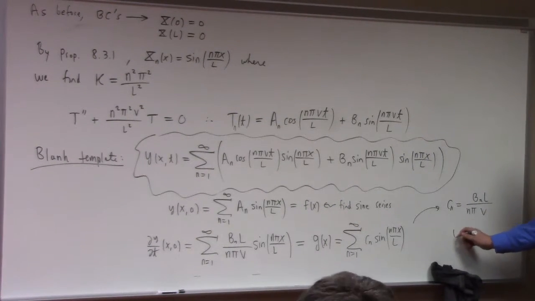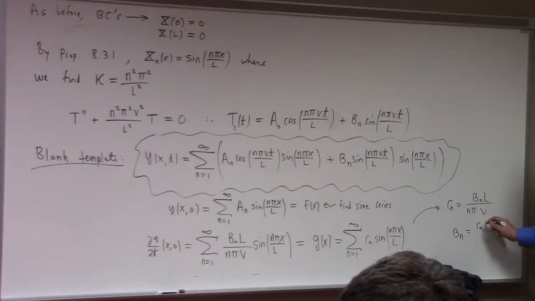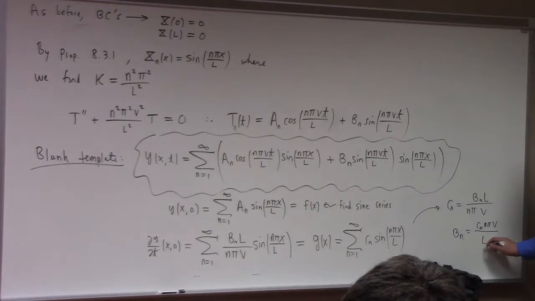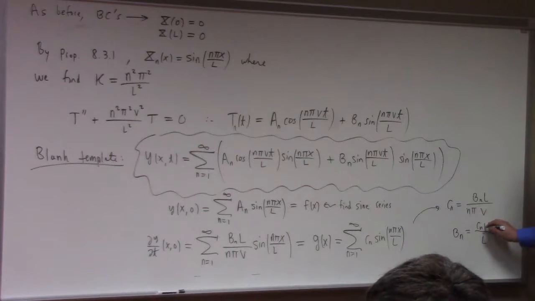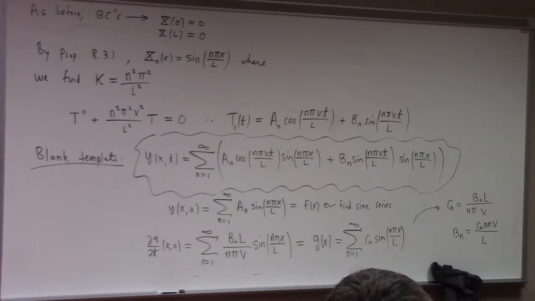My b sub n is what? It's C sub n times n pi v divided by L. So the C sub n is something that you can calculate from the Fourier coefficient formula. Right? So now we've got two Fourier expansions we had to do to solve a general problem.